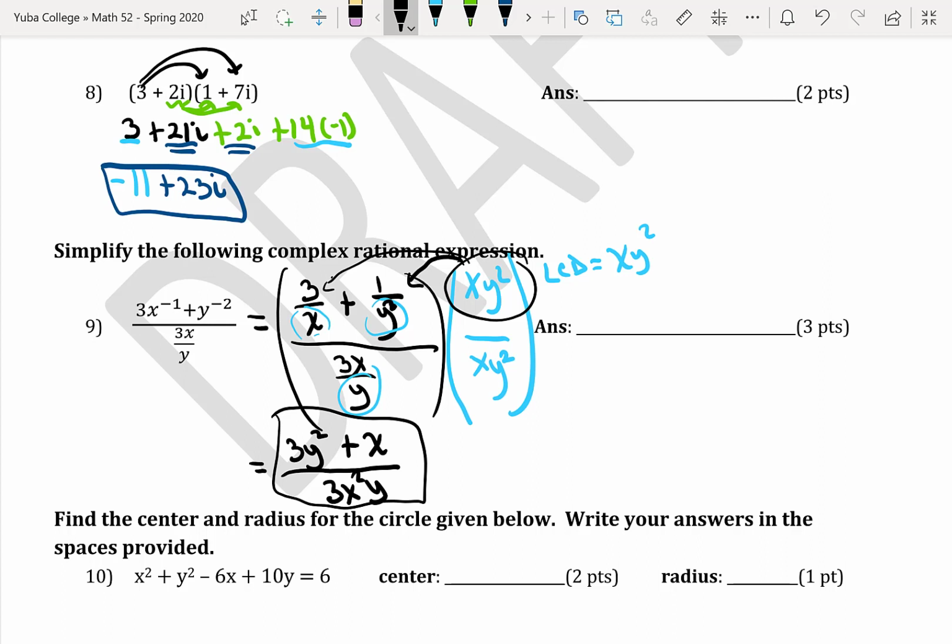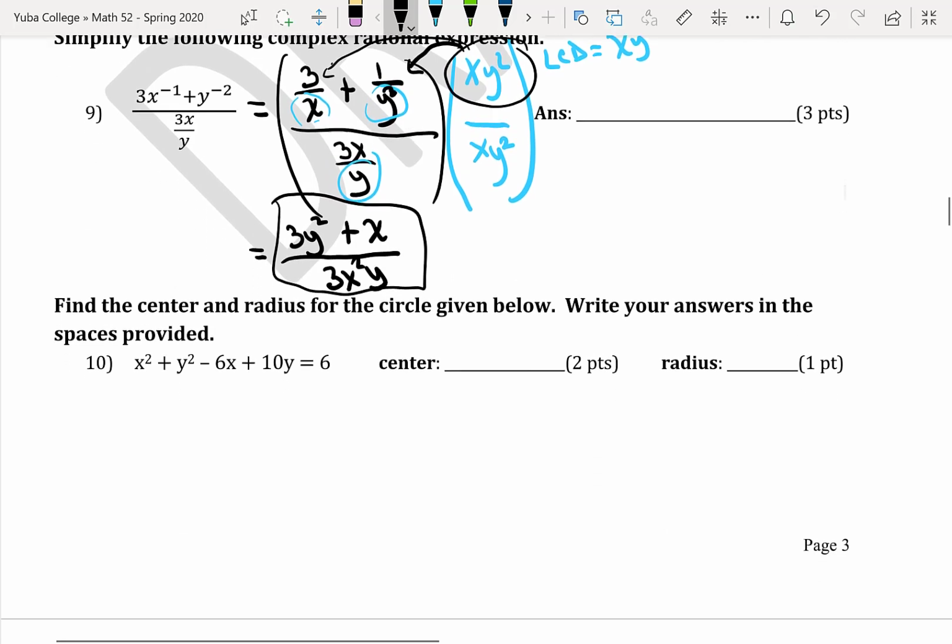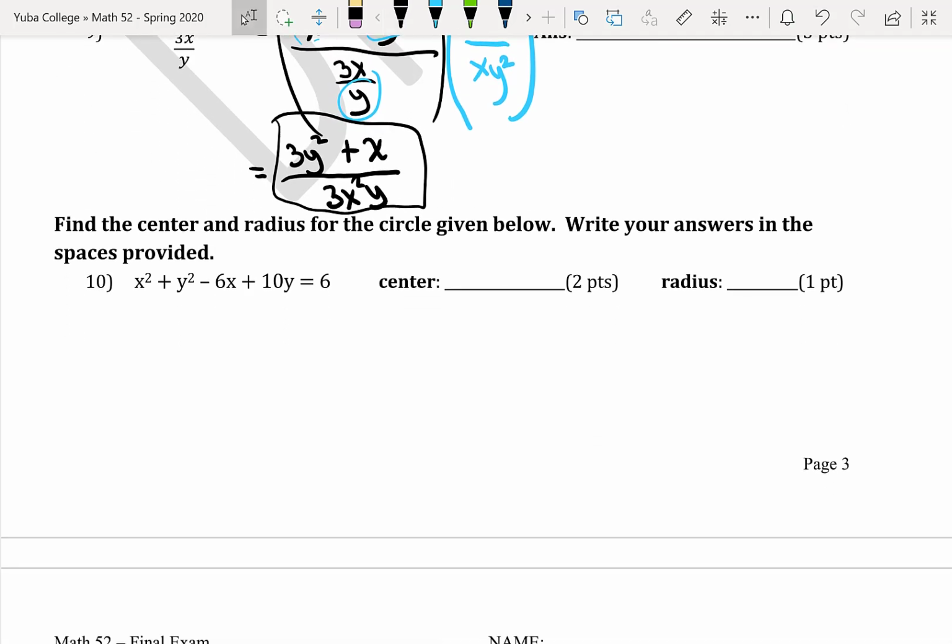The standard form for a circle is x minus h, quantity squared, plus y minus k, quantity squared, is equal to r squared, where (h, k) is the center and the radius is equal to r.